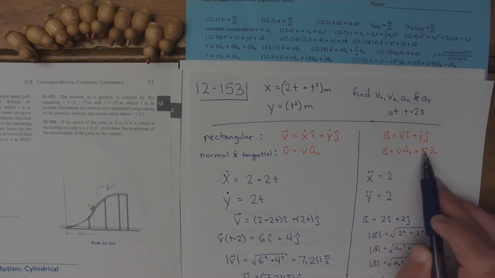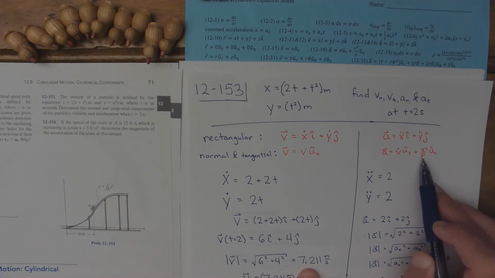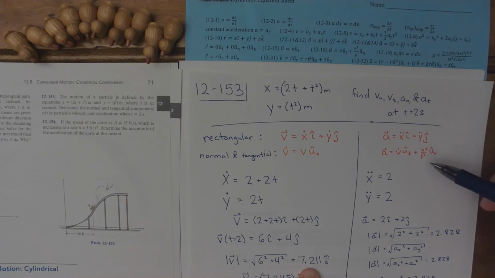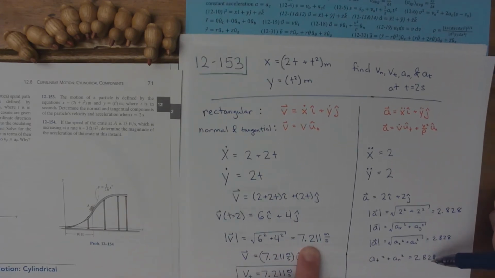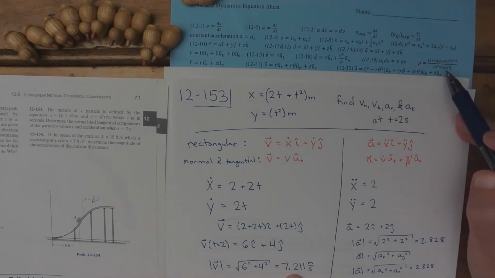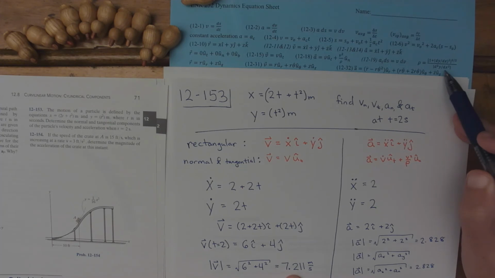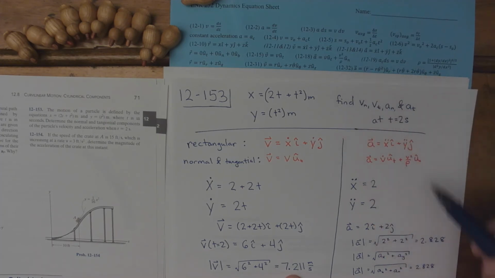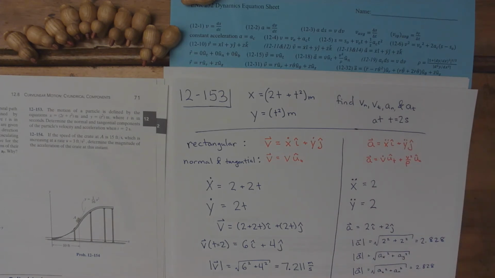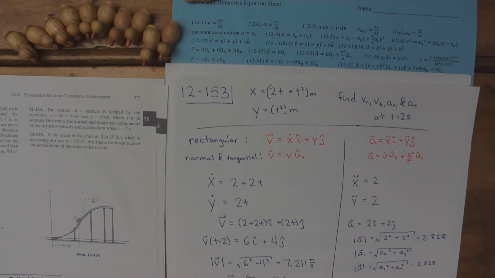The normal component is v squared over rho. I have v at 2 seconds here. If I knew what rho was, then I could find the normal component of the acceleration, and then use this to find the tangential component. I'm not going to do it that way, but you have an equation here which you could use to find rho. Instead, I'm going to find v dot, and then you can use this equation to find the normal component of the acceleration.